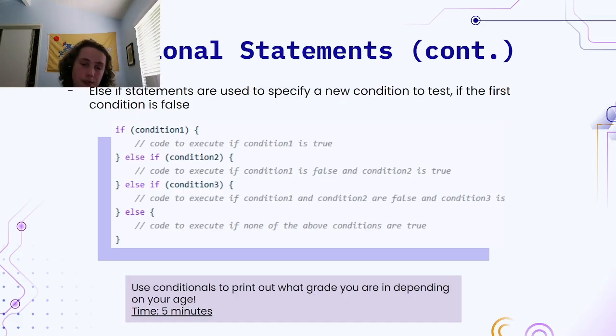But that's what this assignment is to do. So make an if chain to determine what your grade is, and then you will print out your grade. So you get 5 minutes for that. So pause the video and do that, and then come back.